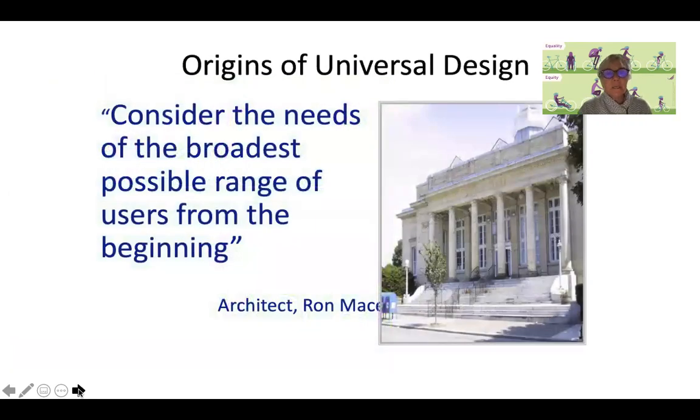It considers the needs of the broadest possible range of users from the beginning. So when you're thinking about your classroom, you're thinking about everybody, not just the students who are very athletic, but how to make your classroom available to everybody.